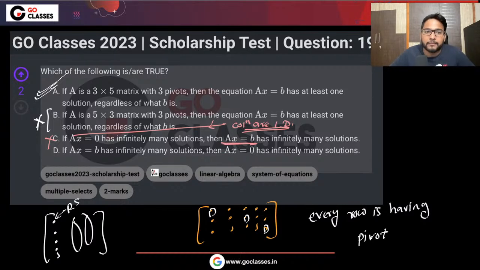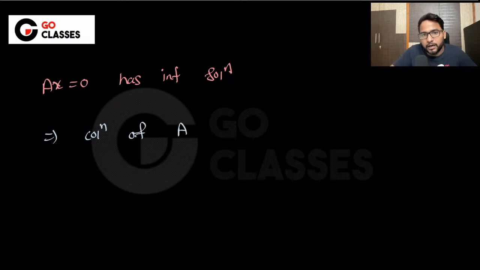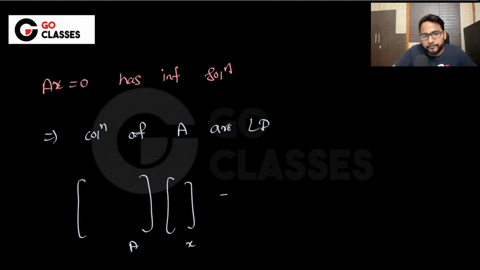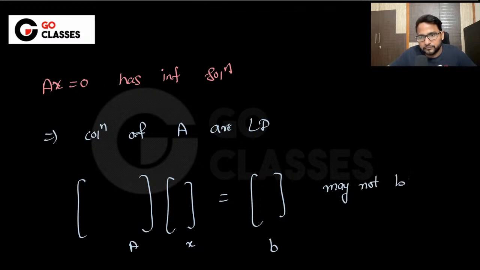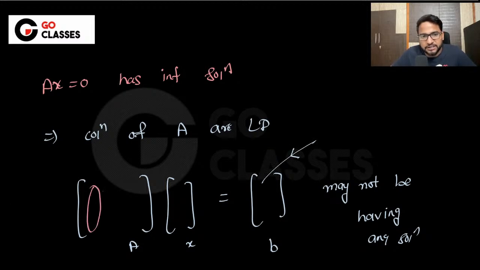If Ax equal to 0 has infinitely many solutions, then the columns of A are linearly dependent, but B may not be in the column space, or these columns need not fill the space.